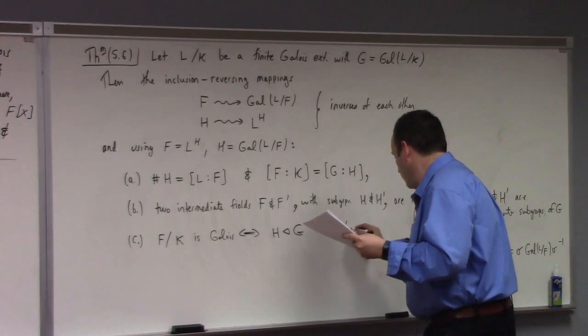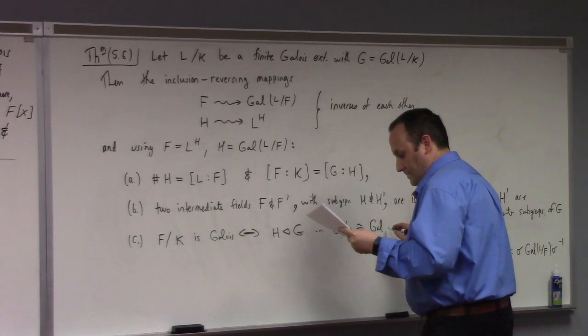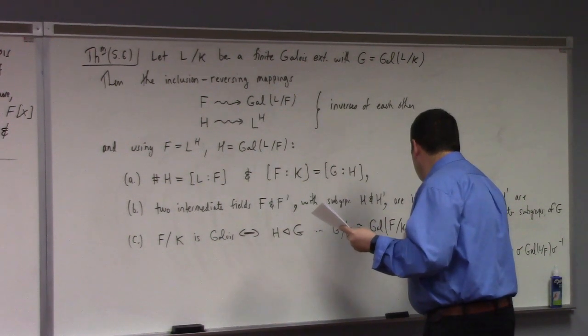G over H is, in fact, isomorphic to the Galois group of F over K.